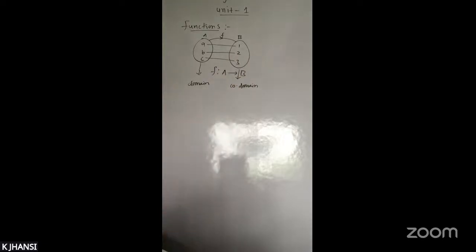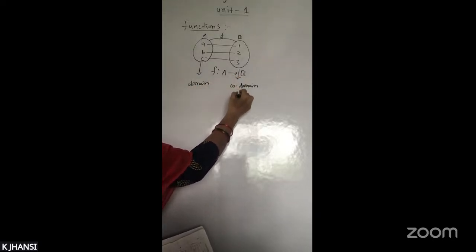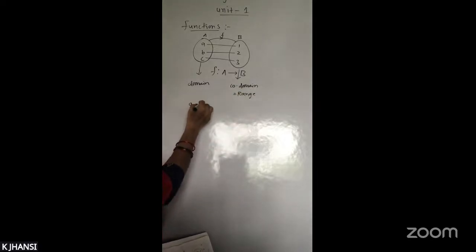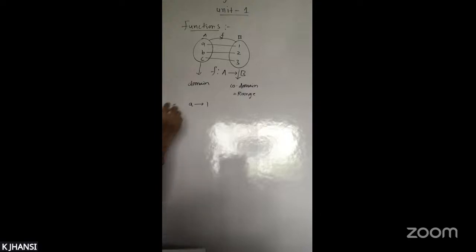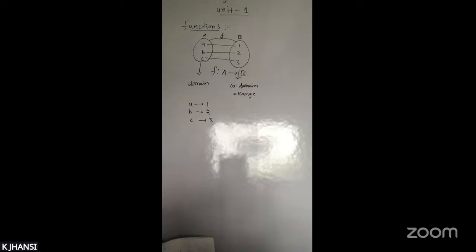And if all the elements of the codomain have an image, then we call the codomain equal to the range. So here, A is mapping to 1, B is mapping to 2, and C is mapping to 3. We call A the pre-image for 1.